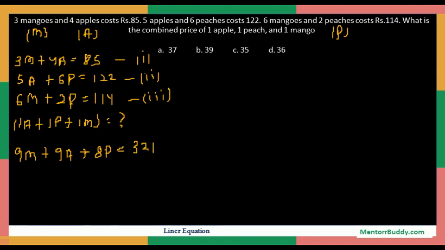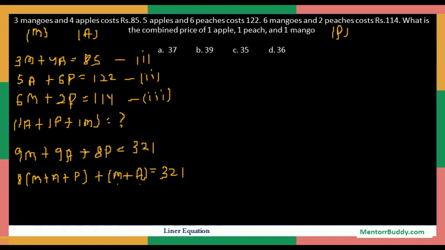Now modifying the same equation, we can write it as 8 times of (M plus A plus P) plus M plus A is equal to 321. So what I have done is taken 1 mango and 1 apple from this and 8 peaches as it is. This is the summation of the first 3 equations. Now the main agenda is to get the value of M and A in order to get the value of 8 into (M plus A plus P).